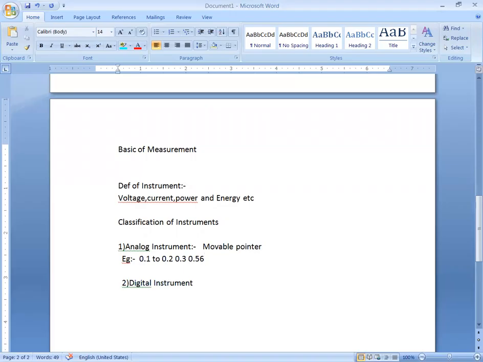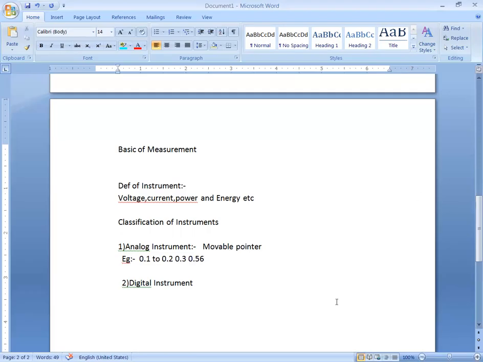The pointer will move continuously, from 0.1 to 0.2, 0.2 to 0.3, and so on. So this is a movable pointer. The pointer will be moved continuously with the variable parameter or analog signal which is measured.